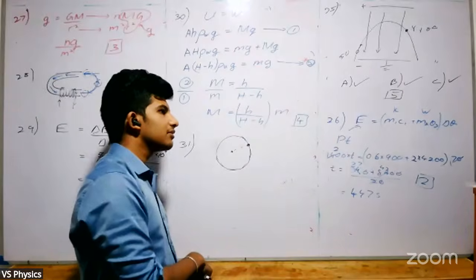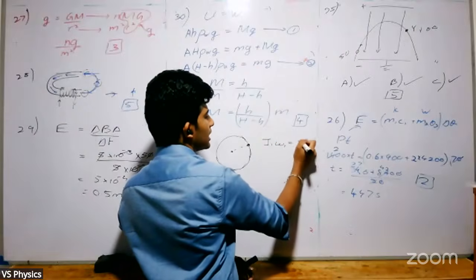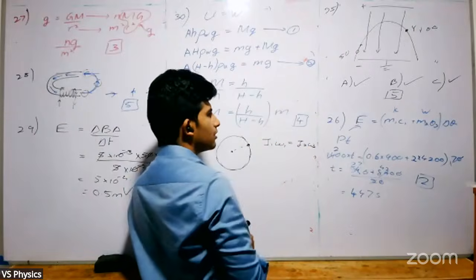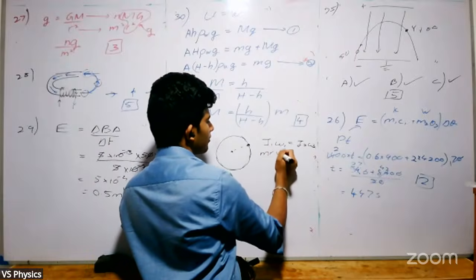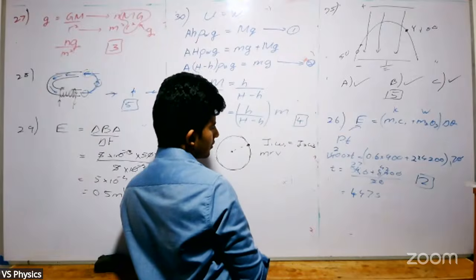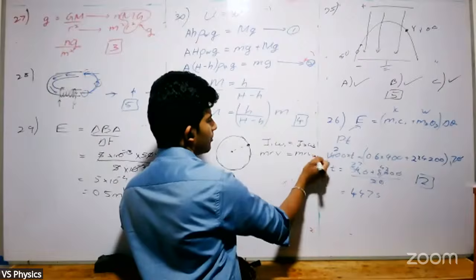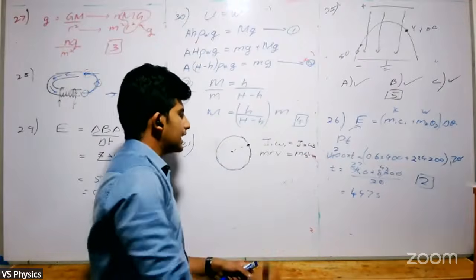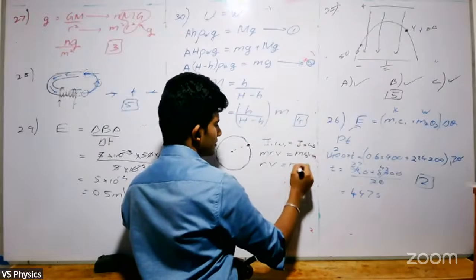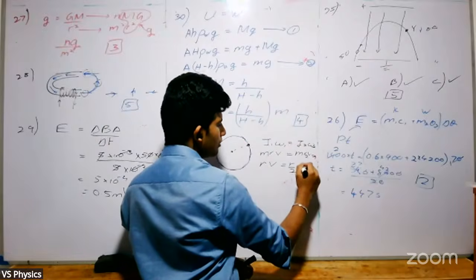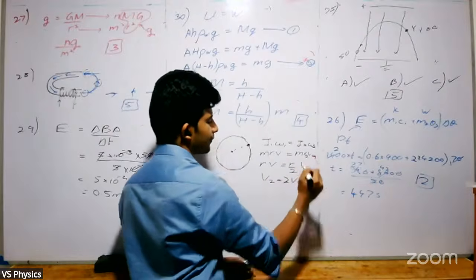We have to follow the I1 omega 1 equals I2 omega 2 equation, which we can write in a different form as m r v. Initial radius is R, initial velocity is v. Final radius is R over 2, so v2 is equal to 2v.